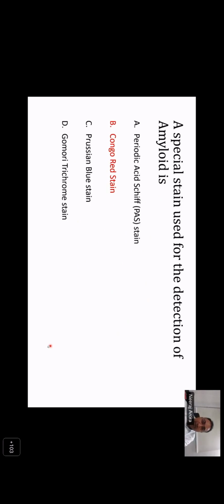So Congo red is the gold standard for sure. Then there are other stains like thioflavin T and Alcian blue being utilized for characterization of the amyloid. They are not readily done at most places. Congo red is the commonest stain, but there are some other stains available as well. Next slide.